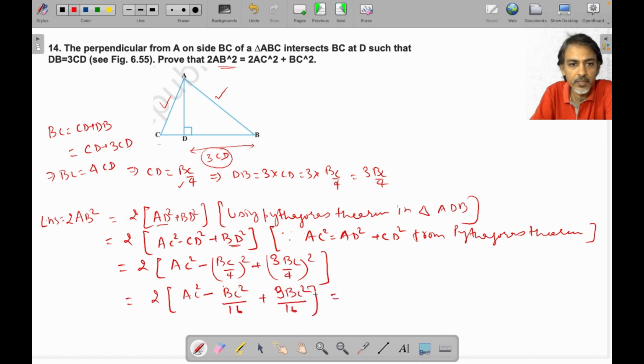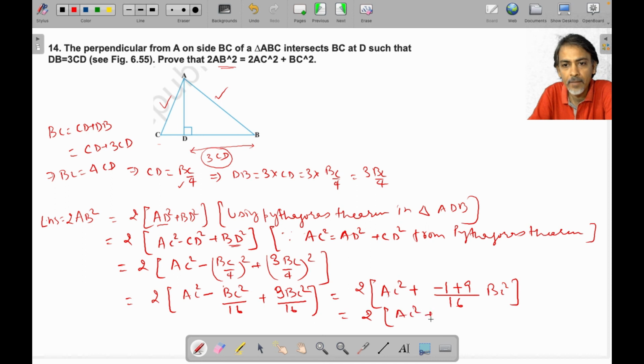Further try to solve this part again. We have 2AC square plus, take 16 as LCM, this will become minus 1, this will become 9BC square, which is nothing but 2AC square plus 8 by 16 BC square, 8 2s are 16, so 1 by 2 BC square, which will become 2AC square plus BC square, which is nothing but RHS, right, which is what we need to prove.